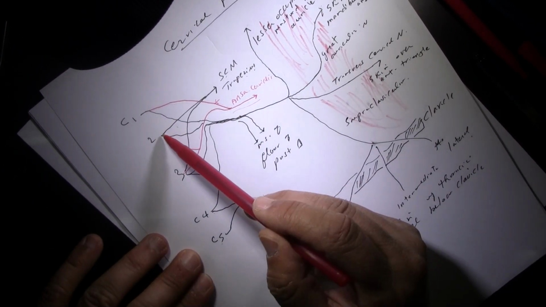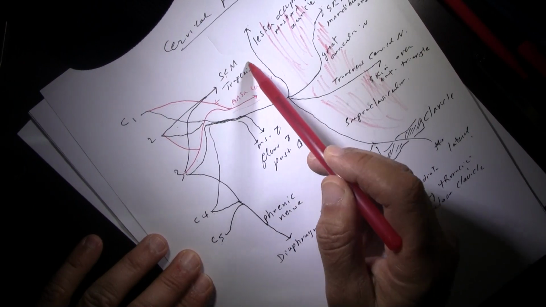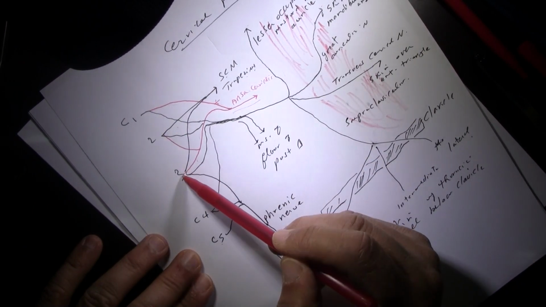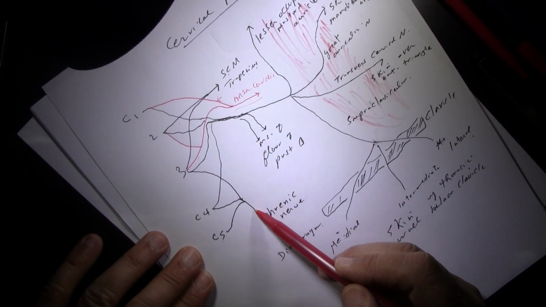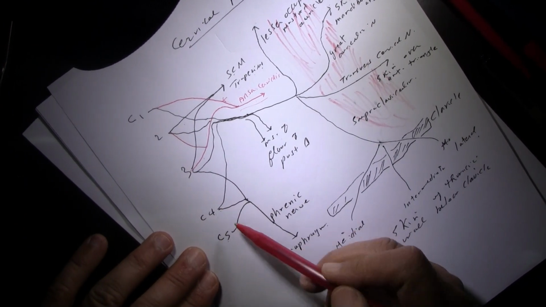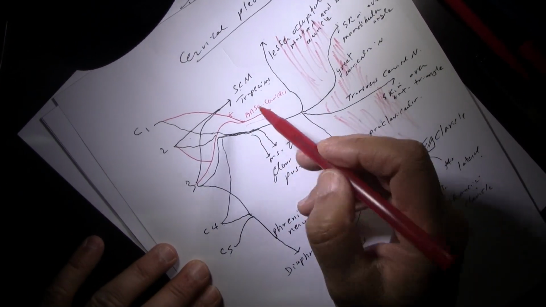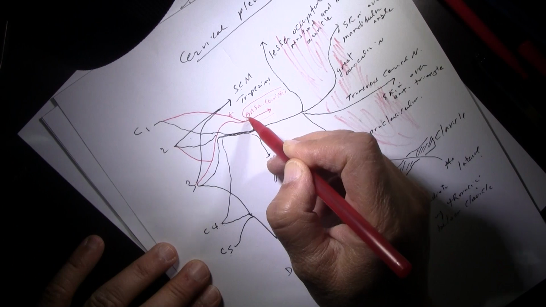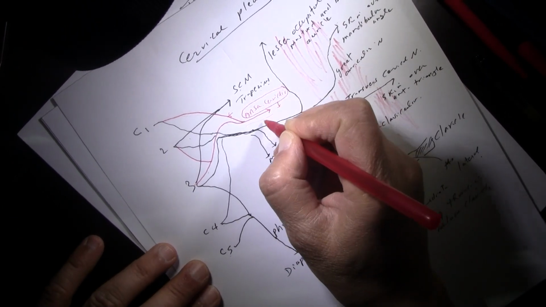We have sensory branches to supply the sternocleidomastoid and trapezius coming from C2 and C3. We have an important nerve taking origin from C3, C4 in addition to C5. It's called the phrenic nerve. Then we have another important nerve called the Ansa cervicalis to supply the infrahyoid muscles.